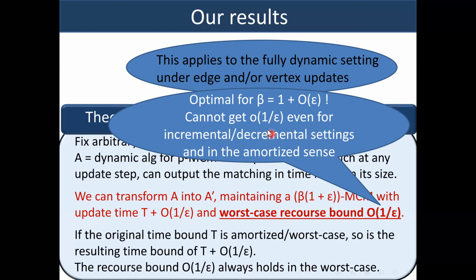And I should mention that if 1 over epsilon is constant, then obviously it's optimal. So here I implicitly assumed that 1 over epsilon is some super constant parameter that depends on the graph size, on n. So we cannot do better than 1 over epsilon. 1 over epsilon is the right answer for the problem.